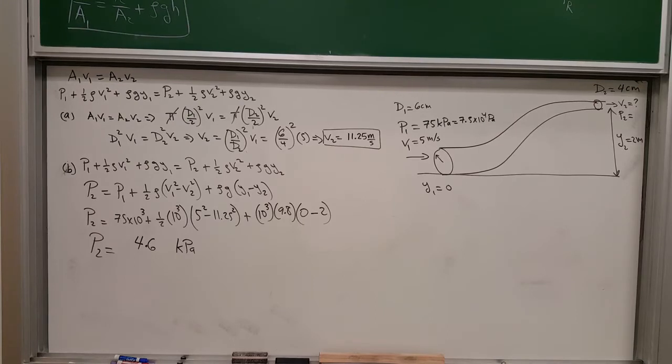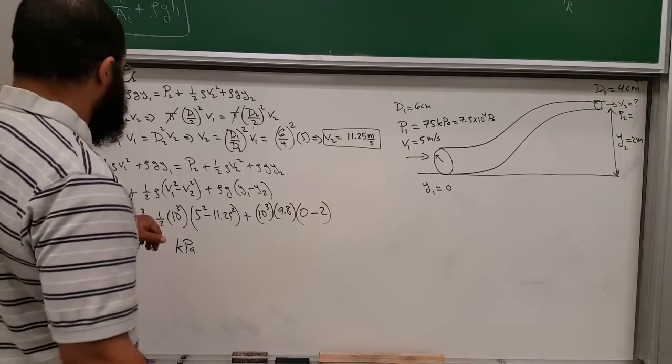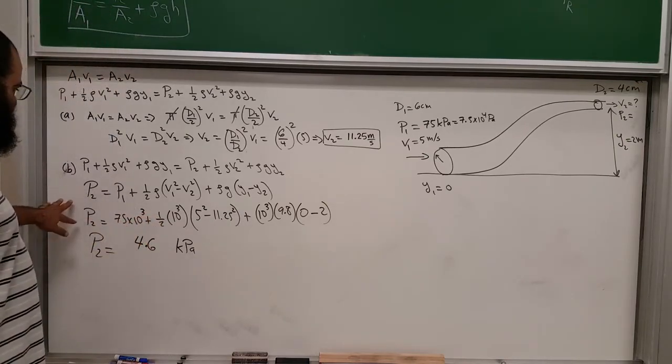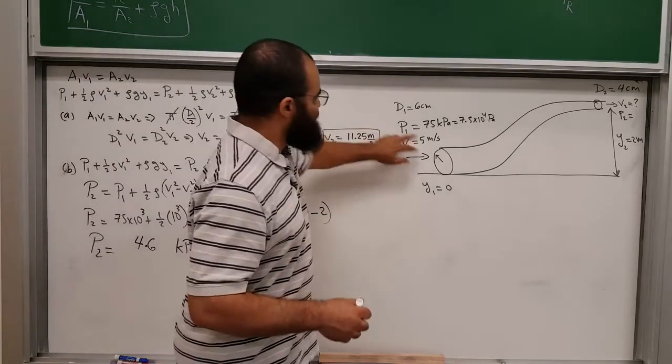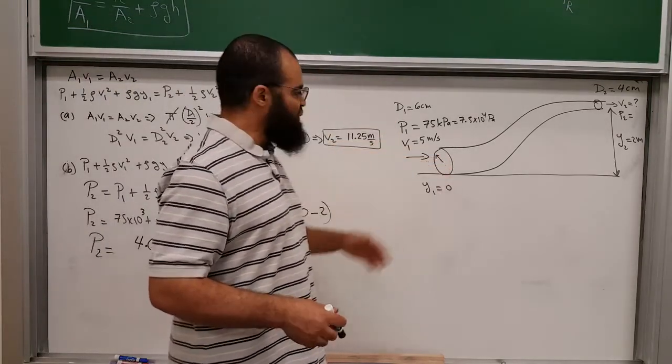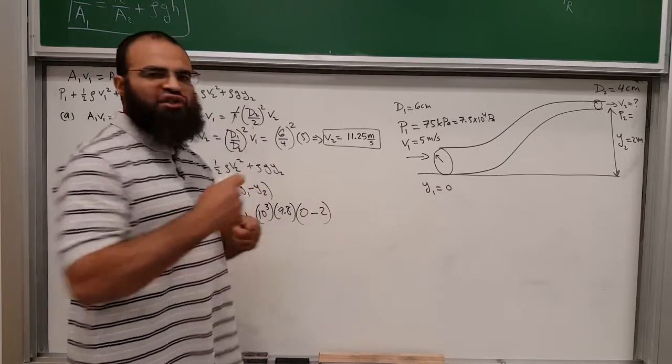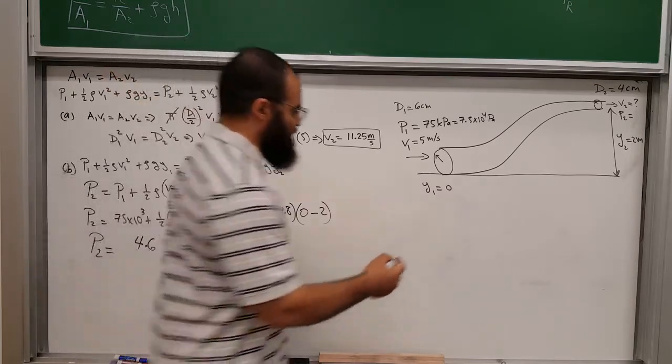And this brings me to something. I actually made a mistake here. Not really a mistake, the numbers will still be the same, but the pressure they gave us is what's called the gauge pressure. The gauge pressure is how much more than the atmospheric pressure it is.